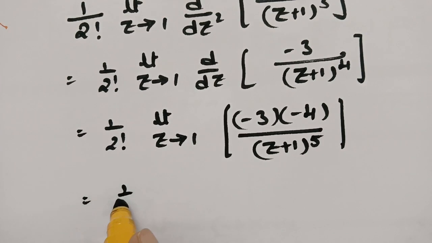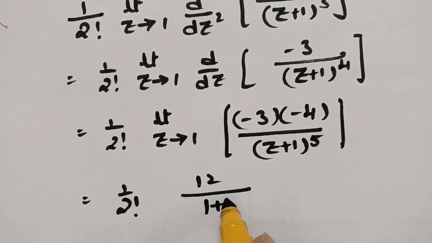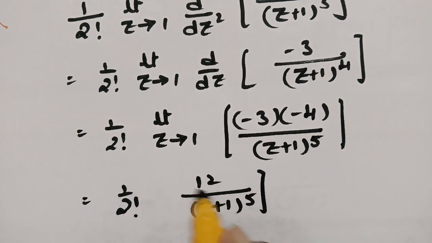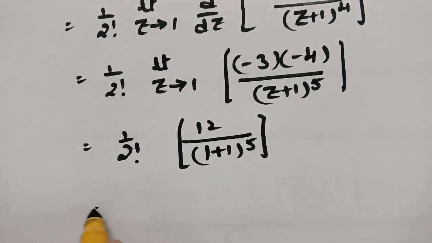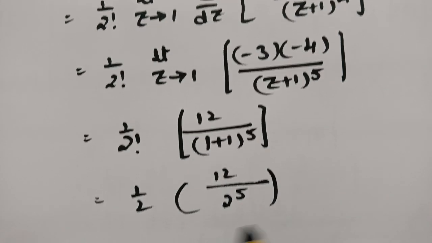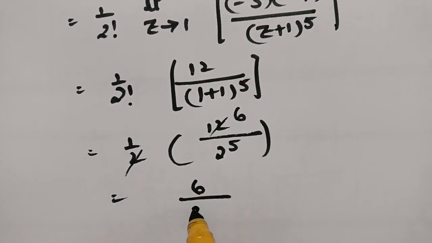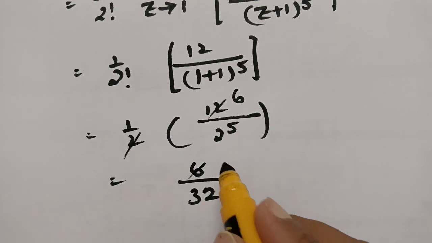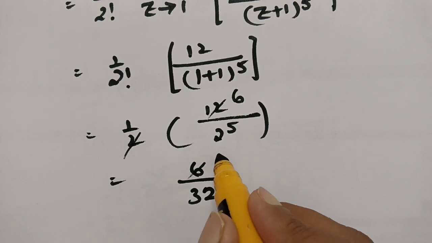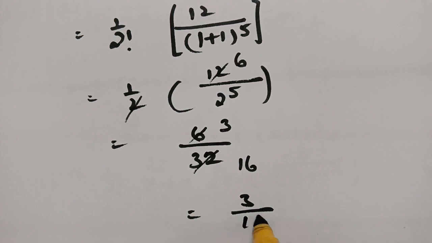So this is equal to 1 by 2 factorial into 12 by 1 plus 1 power 5. So 2 factorial is again equal to 2, and this is 12 by 2 power 5. So if I cancel the 2s, this is 6, and 6 by 2 power 5 is 32. If I again cancel by 2, this is 3 and this is 16. So the value here is 3 by 16.